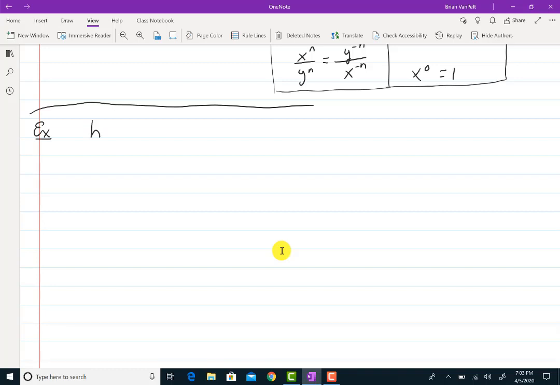So as an example, let me write down what they'll ask you to do. They'll say to rewrite using positive exponents. And in this example, we have h to the negative 2 over k to the negative 1.